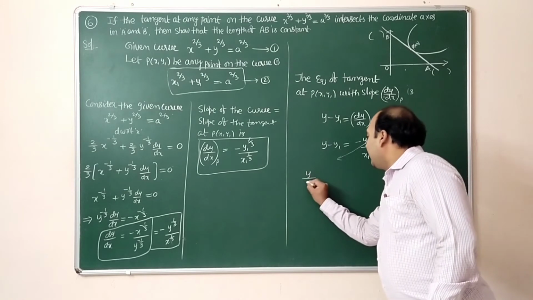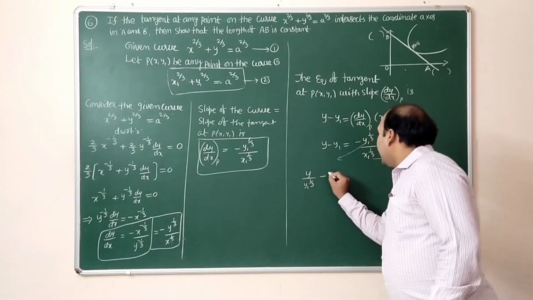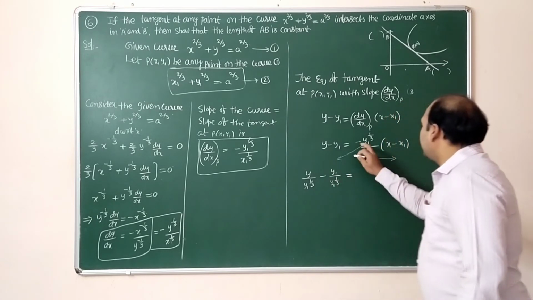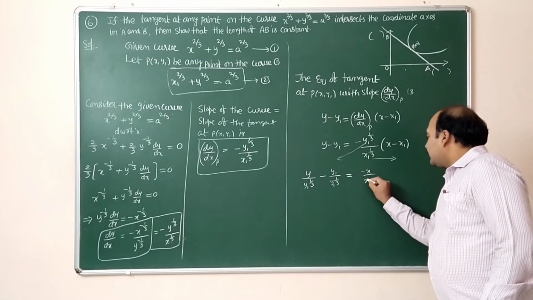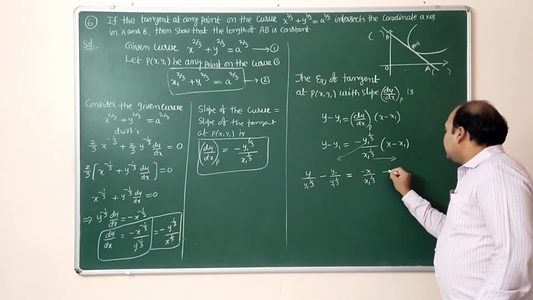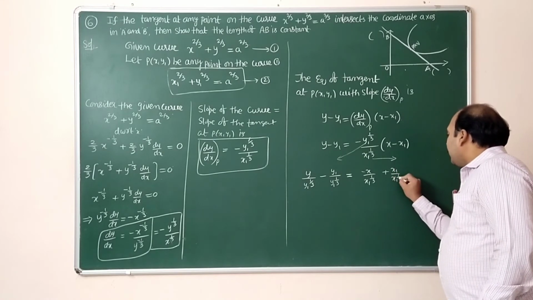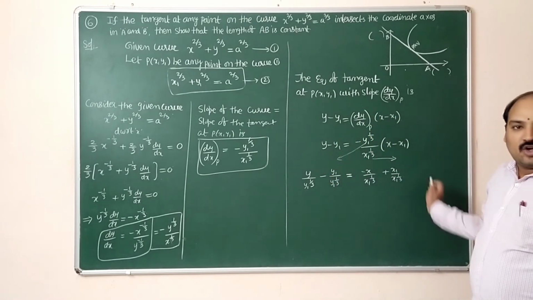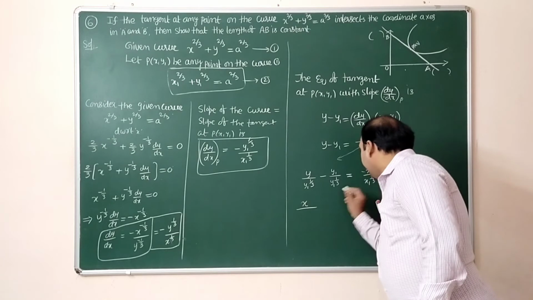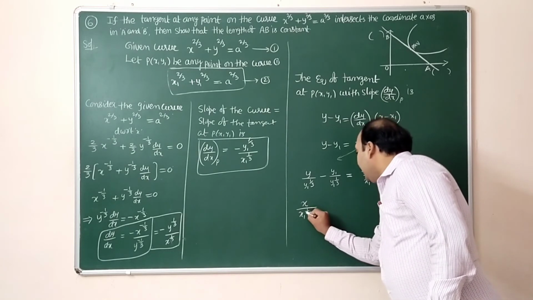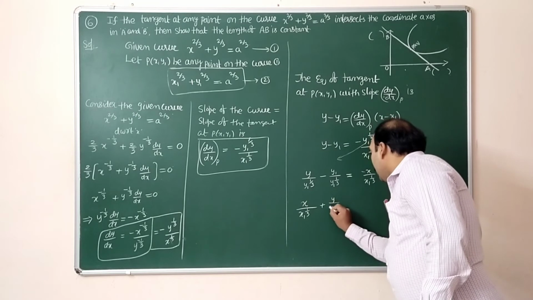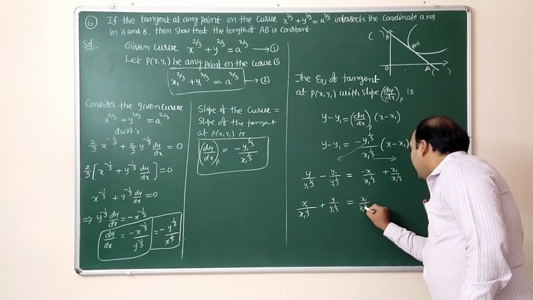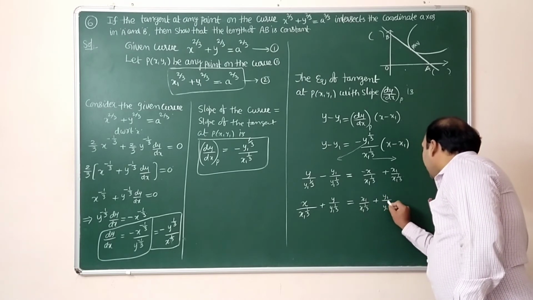So y by y1 power 1 by 3 minus y1 by y1 power 1 by 3 is equal to minus x divided by x1 power 1 by 3. Minus into minus is plus x1 by x1 power 1 by 3. Here the minus value we take to the LHS and here the minus value to the RHS. So it becomes x by x1 power 1 by 3 plus y by y1 power 1 by 3 is equal to x1 by x1 power 1 by 3 plus y1 by y1 power 1 by 3.